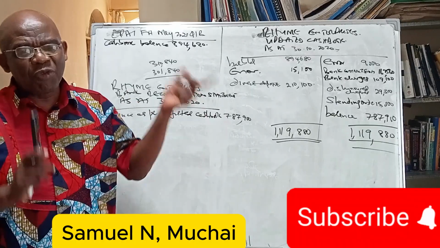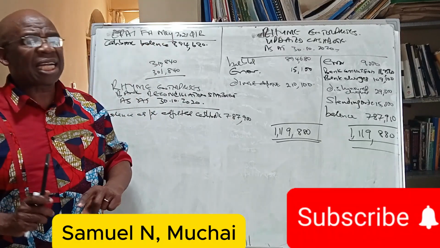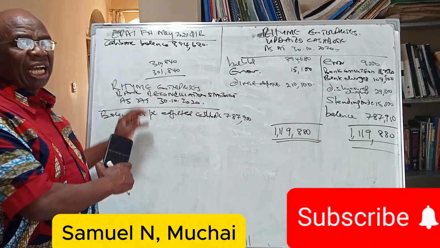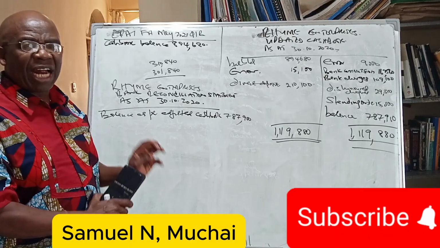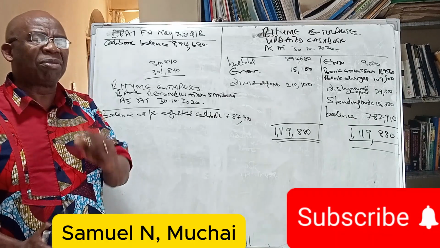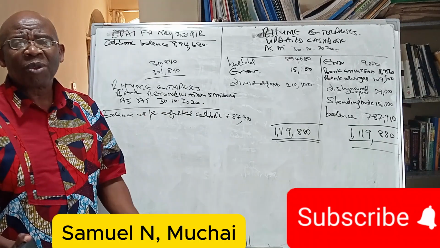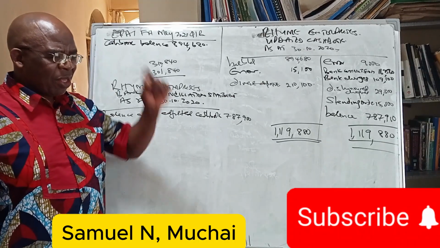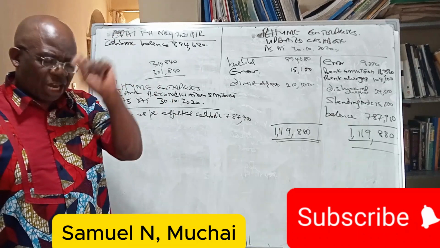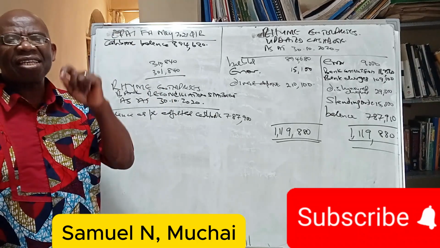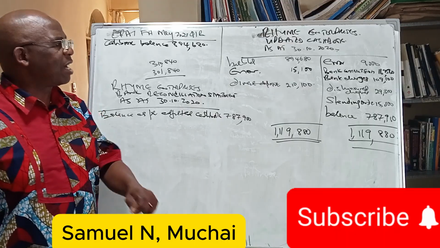So if we made the same errors as the bank, and we reverse whatever we have done and the bank has not done, would we get the same results? So we act as though we are reversing whatever we did and the bank has not done, and we did it correctly.